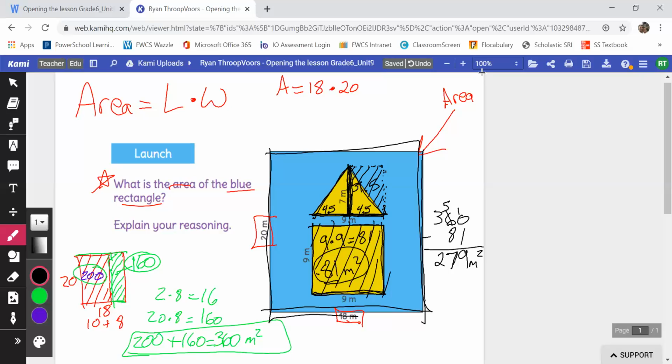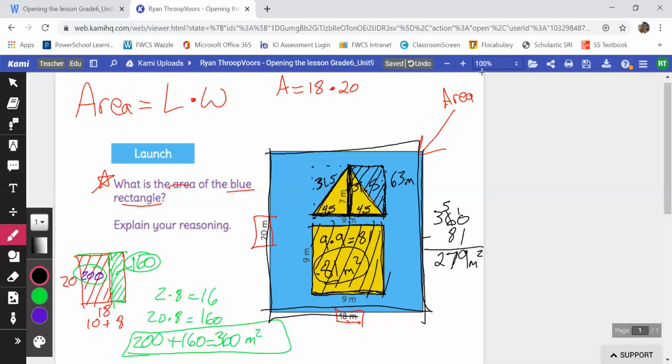So the area of this rectangle would be 63 meters squared. If I take half of that, that's 31 and a half. And then I would do the same thing over here, where I would take my full rectangle and divide it in half because it's a triangle. And this would also be 31 and a half meters squared.